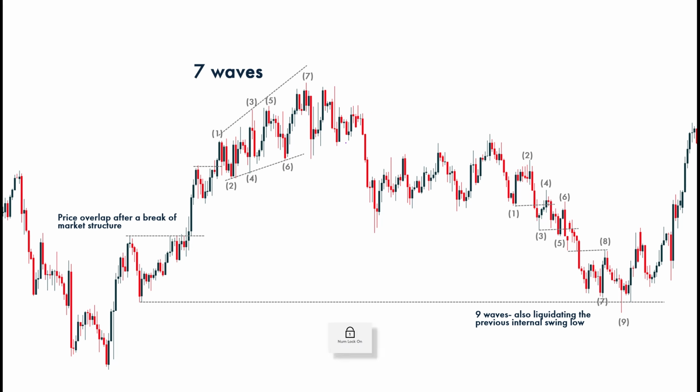And also it's easy to predict the starting of this one here to here. And then when price breaks this structure here, a break of structure, we have 1, a 2, 3, and a 4 that is trading inside the range of this wave.